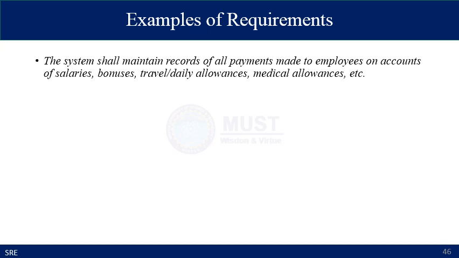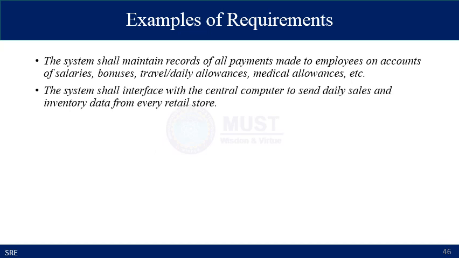So here are some examples of the requirements. For example, the first requirement states that the system shall maintain a record of all payments made to employees on account of salaries, bonuses, travel, daily allowances, and medical allowances. As you can see, it is a broader term and it can be referred to as a requirement for business cases.